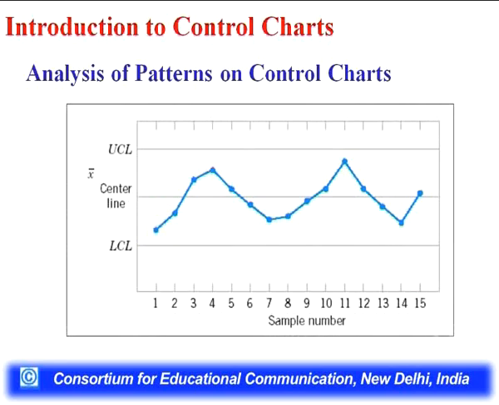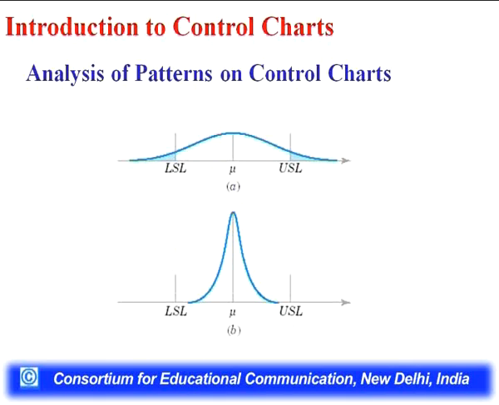These kind of patterns are also available on the control charts. Here again, these kind of patterns: lower control limit, mu is there, upper control limit is there, lower specified limit is there, upper specified limit is there, and these two different diagrams are observed on the process.